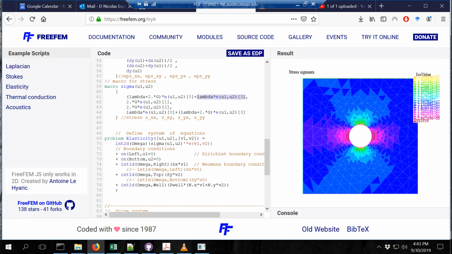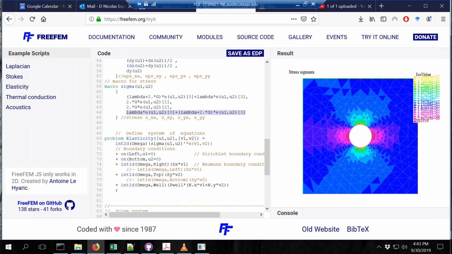Plus lambda epsilon 22. This is epsilon 22 because it's the fourth element of the vector of strains. Now this is just 2 times shear modulus times the shear strain, the same for the other one, and a similar thing for the stress in direction yy.